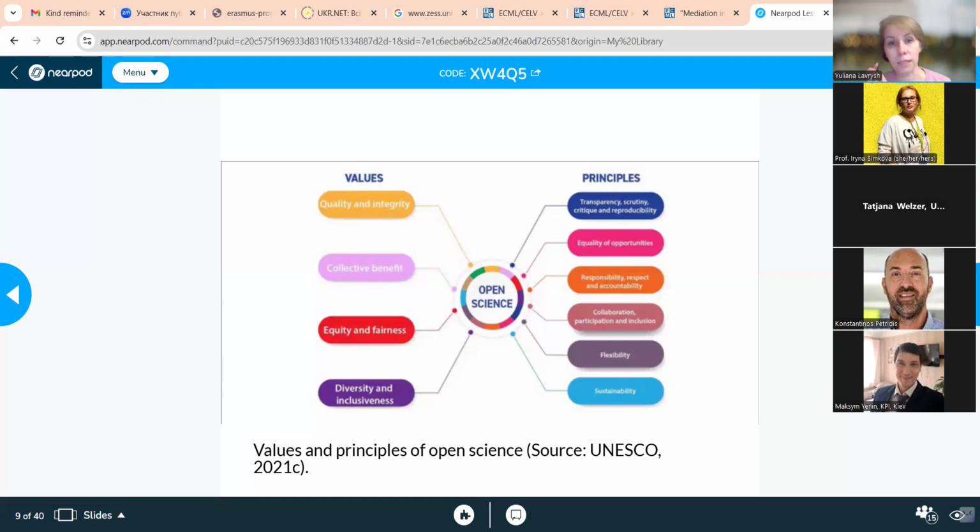It is about academic integrity, it is about Creative Commons licenses, and it's about something like: I trust you, I will open my data, and then if you need, you can reuse it, but with proper credentials and with proper references.